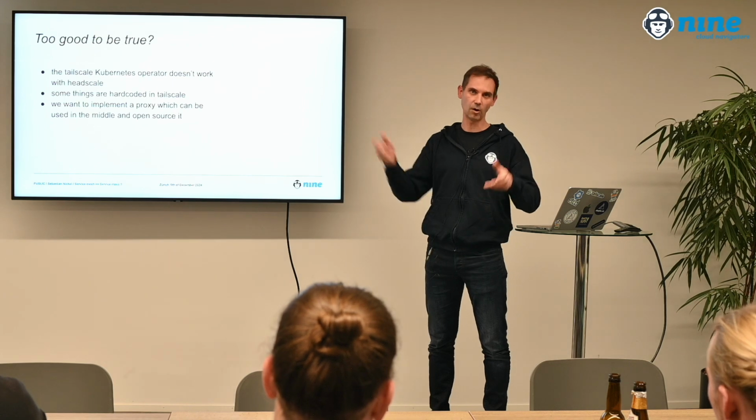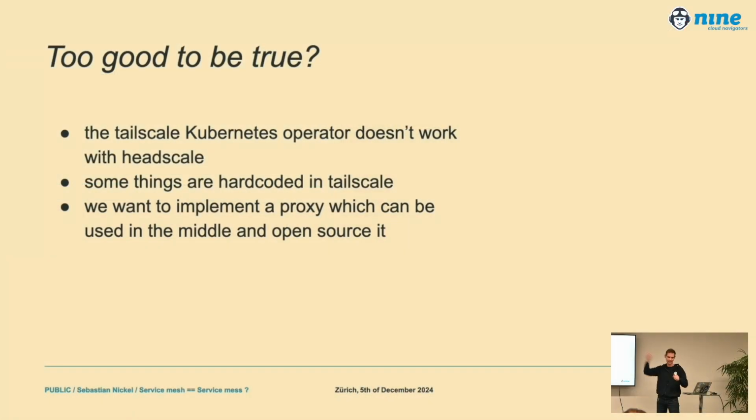For example, the endpoint where the REST API is, that's hard-coded. You can't change it. So that needs to be changed. And that's actually the solution we are now going for: come up with such a proxy, open source it, and then try to convince Tailscale that the endpoints can be customized.